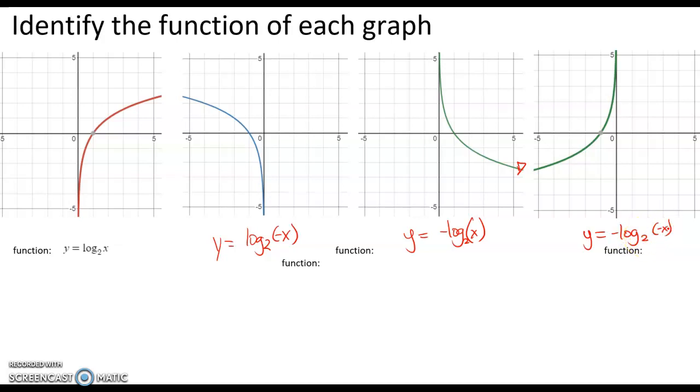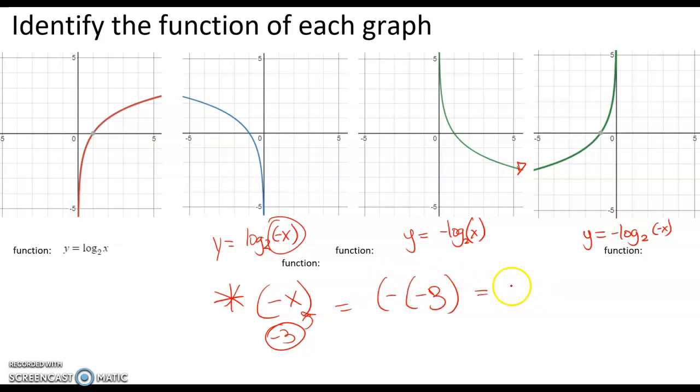One thing I want to note here, just because this says -x does not mean that our argument is negative, right? We can't have a negative argument. So when I say -x as an argument, that means that the only numbers that work are negative numbers, right? If I pick -3 to plug in here, that is going to result in a -(-3), which is equal to 3.